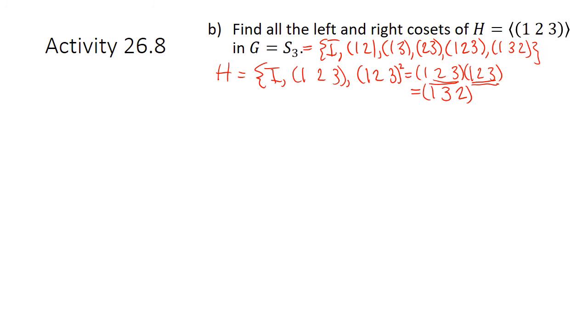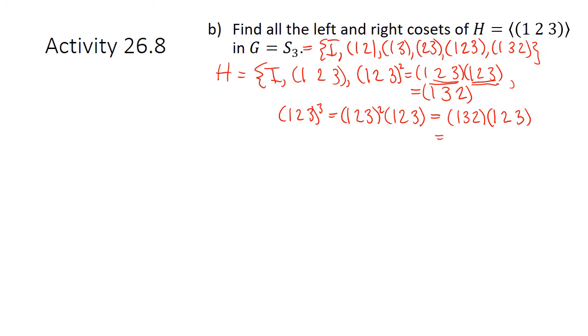Okay, and then are there any other elements? It's a cyclic subgroup, so we can just keep going and generating more of them. (1 2 3) cubed, what would that be? That would be (1 2 3) squared times (1 2 3). So that'll be (1 3 2) times (1 2 3).